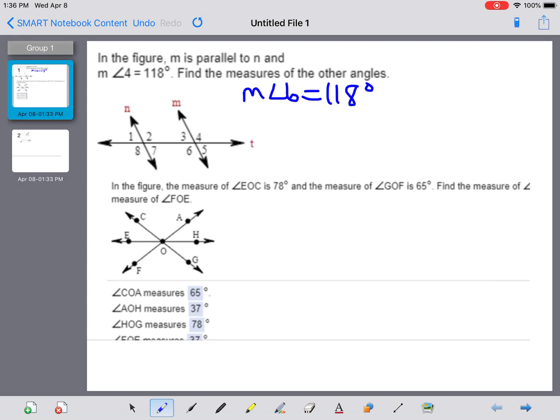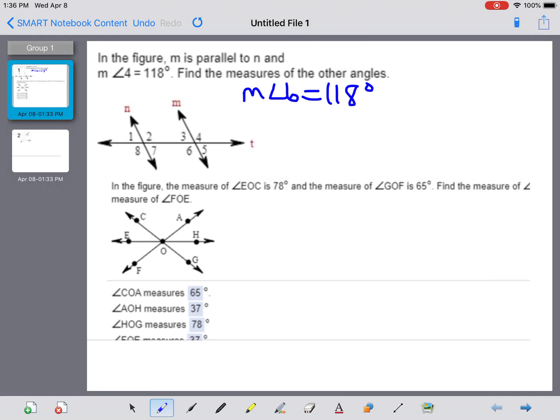Measure of angle 3 is what we're looking for next. Now, angle 3 and angle 4 together, they form a straight line. And these two angles, 3 and 4, are called supplementary angles. And when you add them together, they should equal 180 degrees.